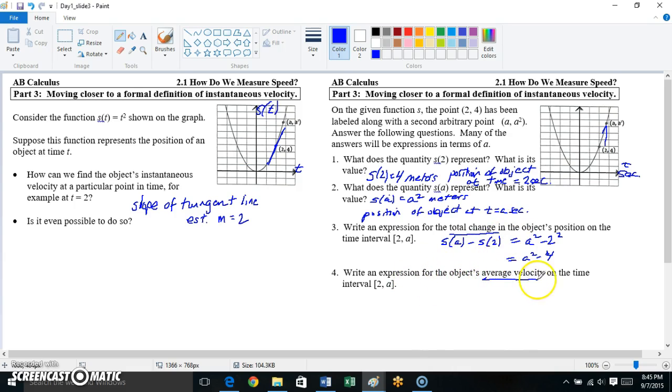If I want the average velocity, we're going to take that total change, s of a minus s of 2, and divide by a minus 2, that change in time. So we could look at this as a squared minus 4 over a minus 2. Again, just recall that's the slope of the secant.